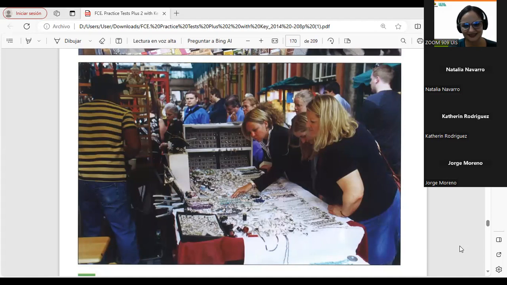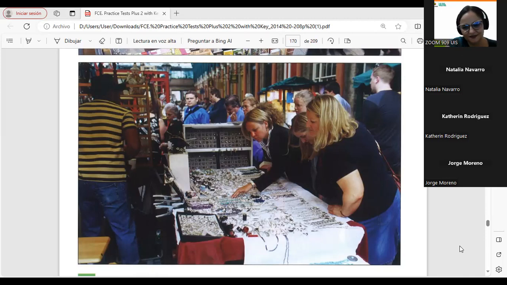I think that place looks like a tourist place, a place where people can buy souvenirs or things like that, and also maybe, I don't know how to say mercado, because it's crowded.